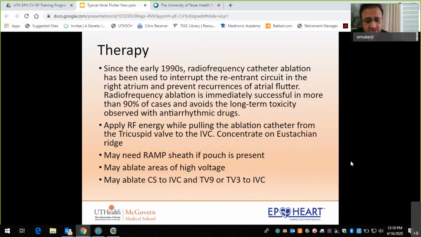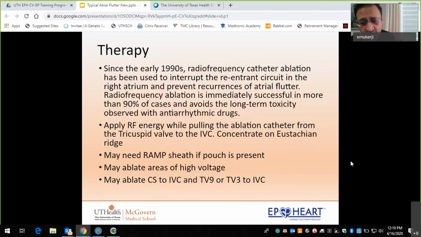So if you look at the ramp sheath, the SRO kind of, if you look at my index finger, it's got this subtle bend, if you will. So the catheter comes out of the sheath and then we got to physically bend it more. The ramp sheath kind of is like a hook. So think about it. When you've got this sheath and the ablation catheter just sticking out of the sheath, that's not moving anywhere.